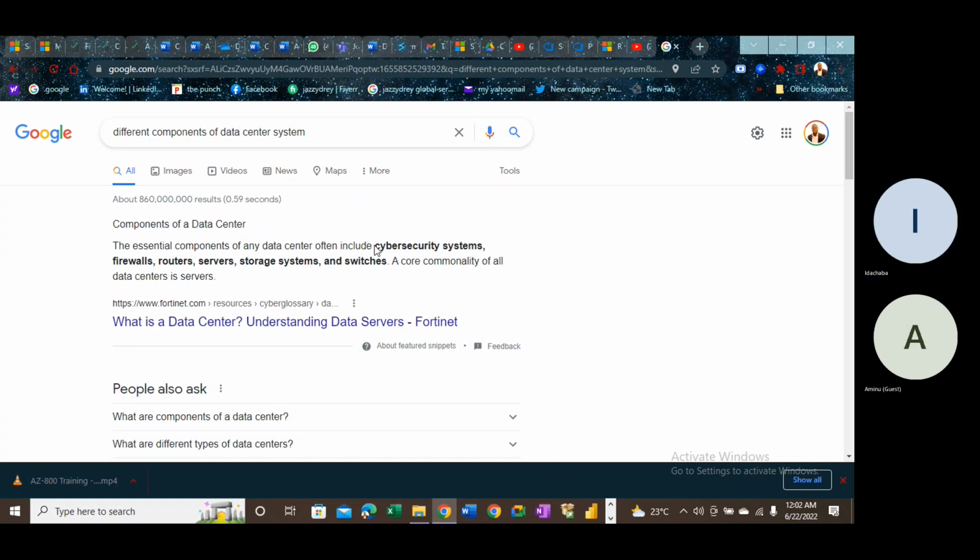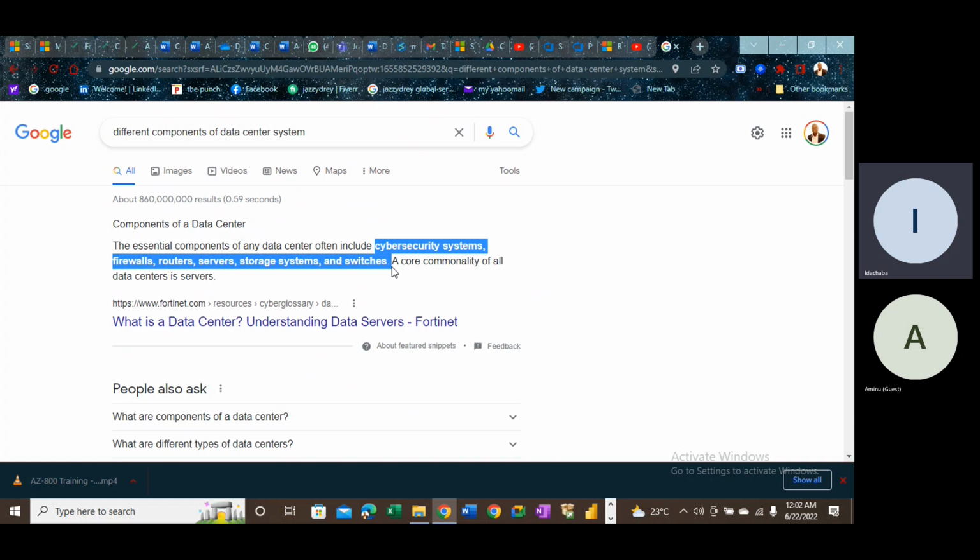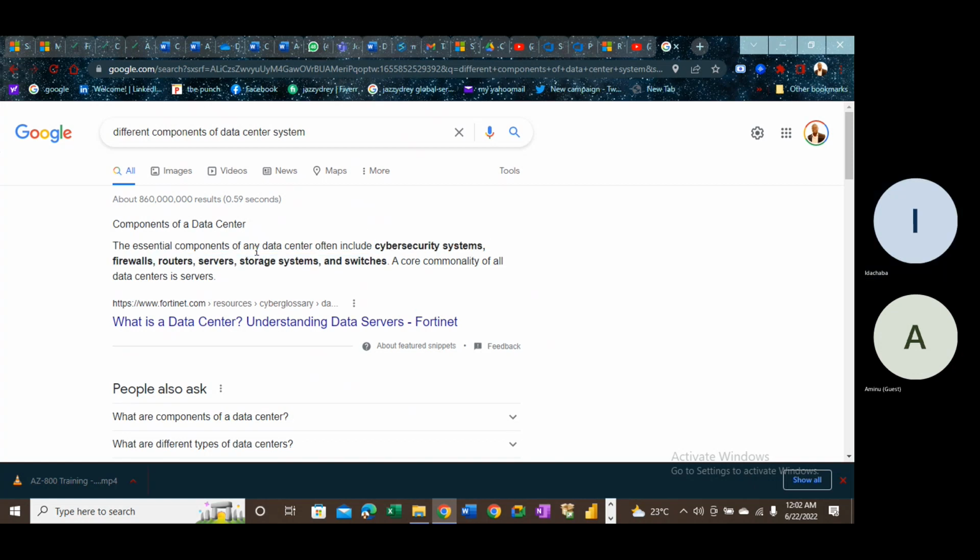Now I want you to highlight those things in black. They tell you that the essential components of any data center often include cybersecurity systems, which is one of the things you are going to be learning. It also includes firewalls, routers, servers, storage systems, and switches.